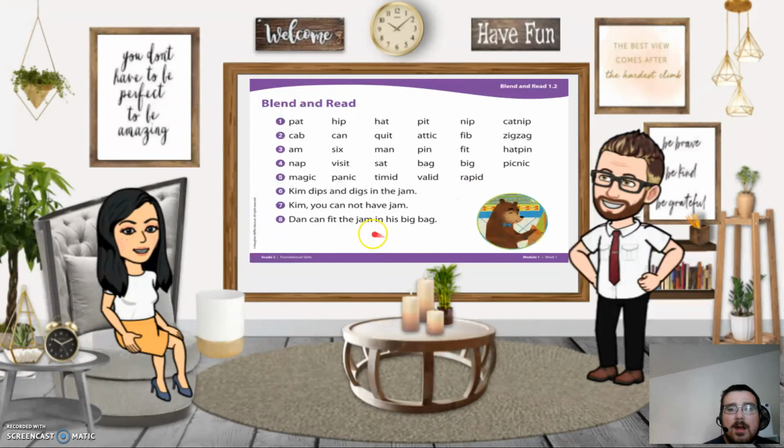All right, so if I take the word jam, I can look at each letter in that word, and I know that the letters in that word sound j, a, m. And if I blend them together, j, a, m, jam, that makes the word jam. And we can do that for all of the words in that sentence. All right, so I want you to read that out loud to yourself.